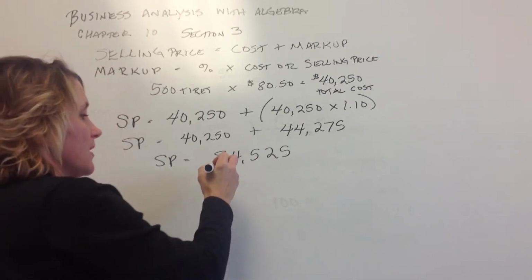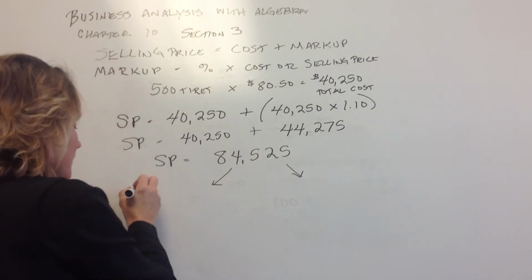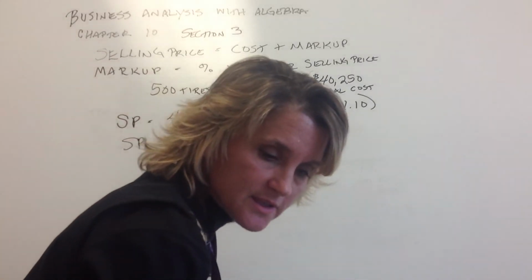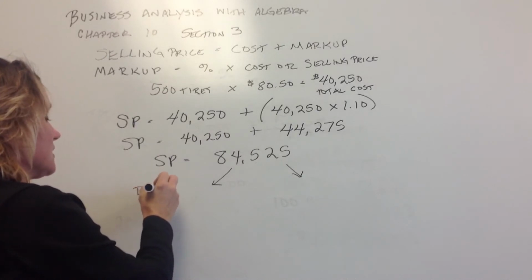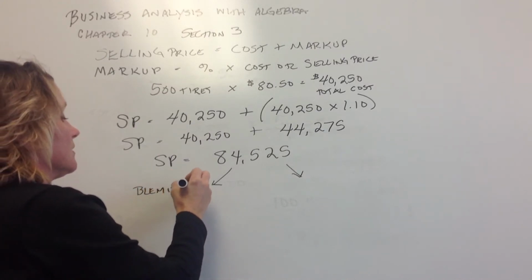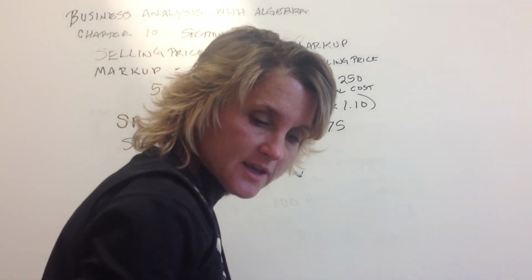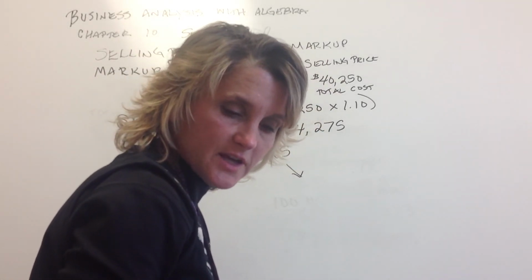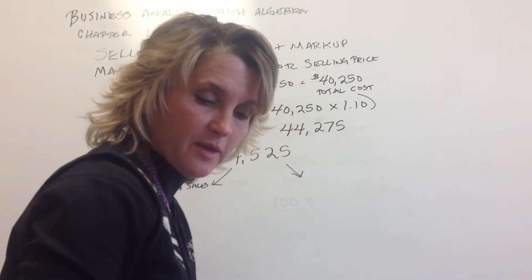So I'm going to make that money two ways though. So we've got what they call these blemishes. They're going to sell as blemishes. So the problem told us that 12% of the tires will be sold at $105 as blemishes.